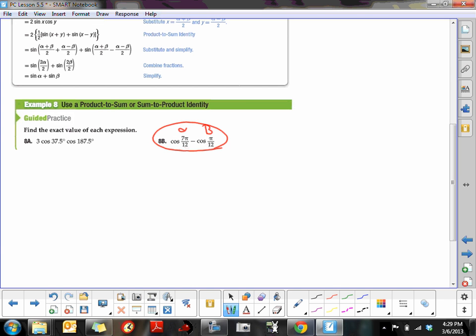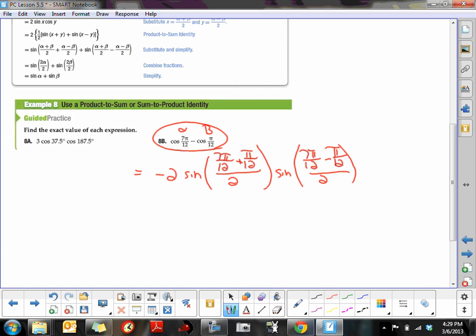Our sum to product identity says that we can rewrite this as negative 2 times the sine of alpha plus beta, so 7 pi 12ths plus pi 12ths all over 2, times the sine of alpha, which is 7 pi 12ths, minus beta, which is pi 12ths, all over 2.